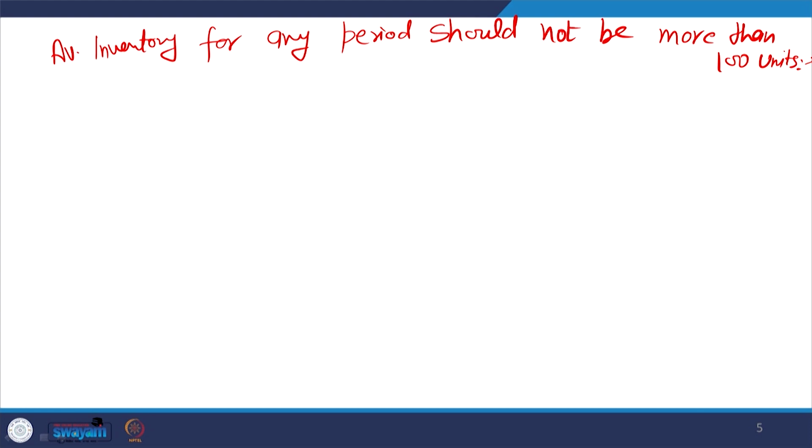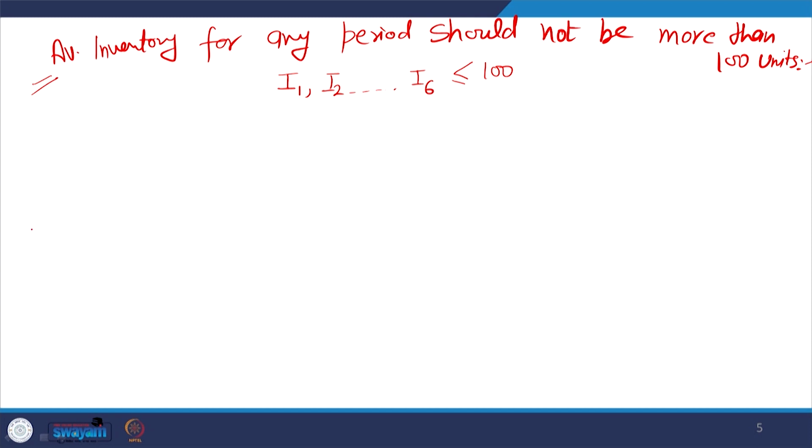Average inventory for any period should not be more than 100 units. So, in that case I1, I2 and up to I6 should be less than or equal to 100. That is another constraint we will impose.